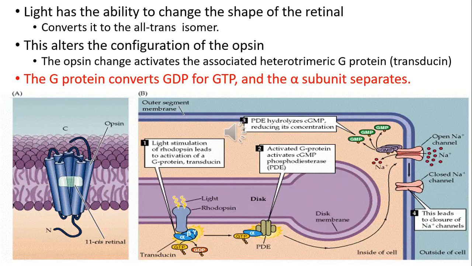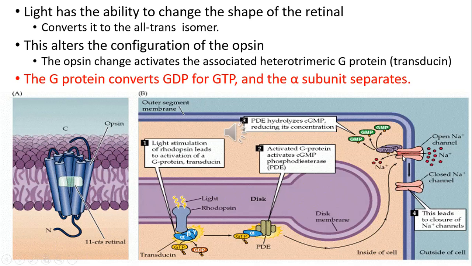So light strikes to activate the conversion from GDP to GTP. Then the GTP is going to activate an enzyme known as PDE, and that PDE is going to be transported to the membrane to break down the cyclic GMP into monomers. By doing that, it's going to cause the closure of the opened sodium channels.